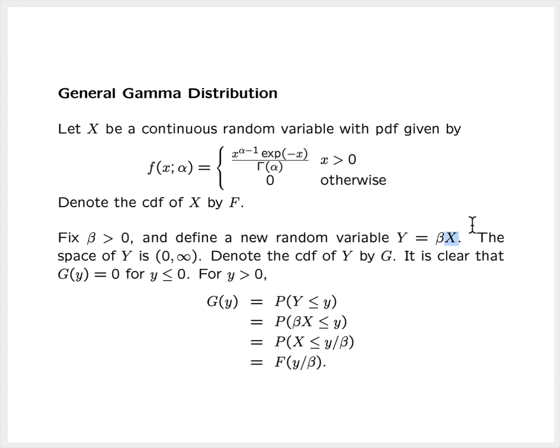First we're going to find the CDF of this random variable. Let's denote the CDF of this random variable by capital G. Once we have that, we'll be able to find the PDF by differentiating the CDF.